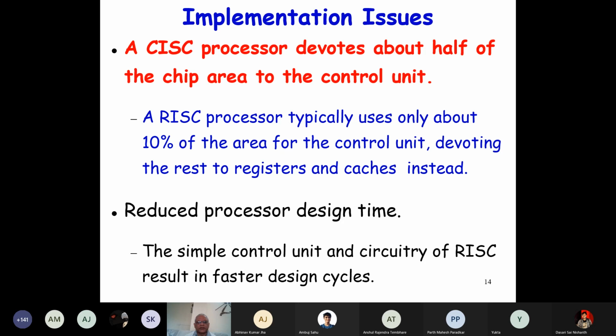Also, the simple control circuit reduced the processor design time. RISC had this advantage: you can quickly design the processor, with fewer faults and a large cache.